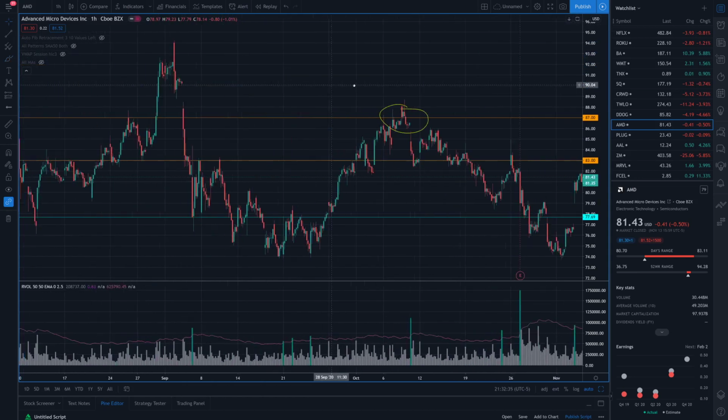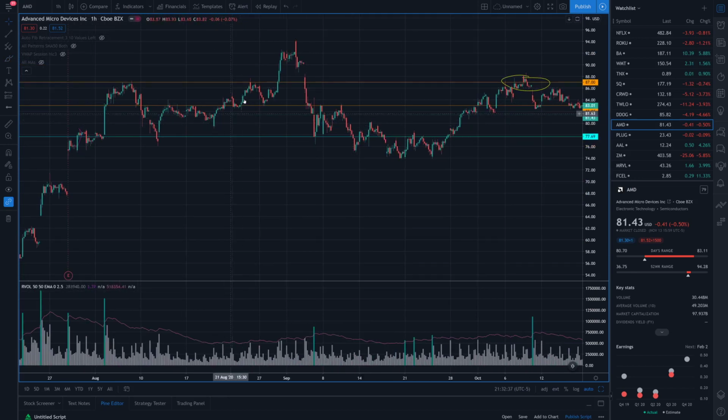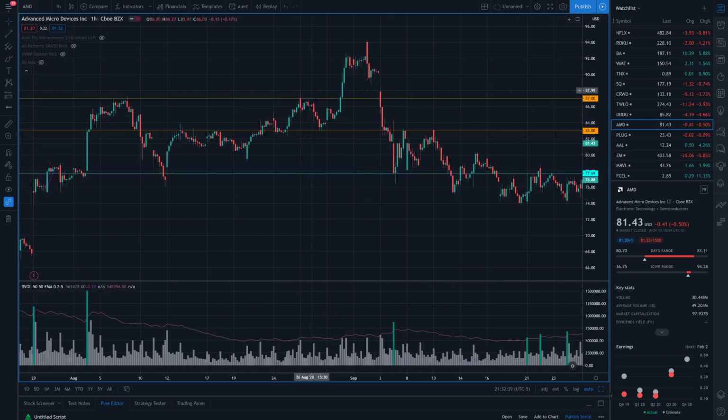We go back, there's 3 right there, right? So that happened on August 26th. And then right here as well, August 7th. So it hit the same level of 87 and fell right after, each time.